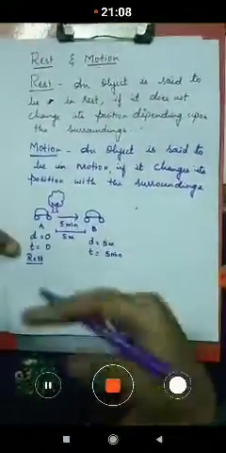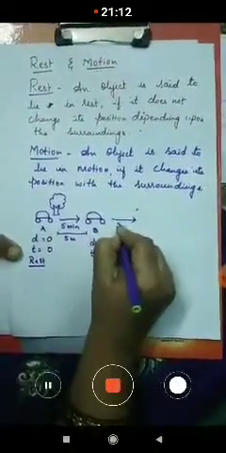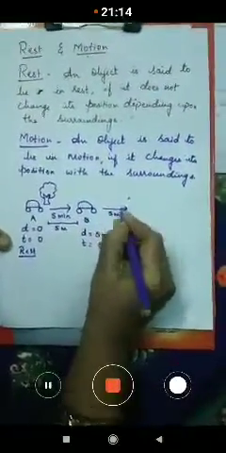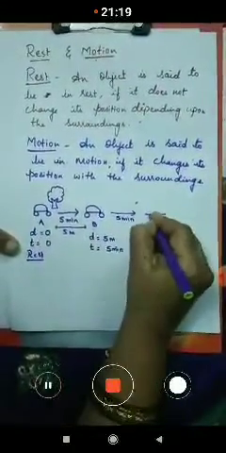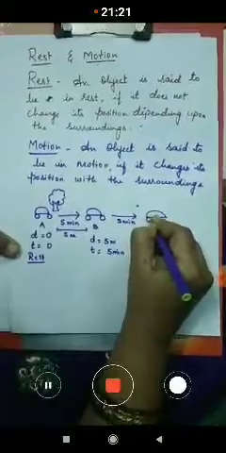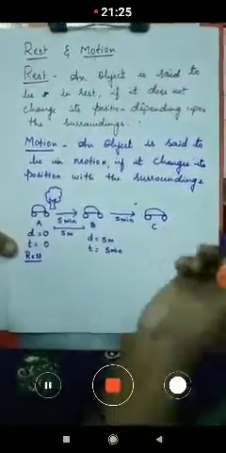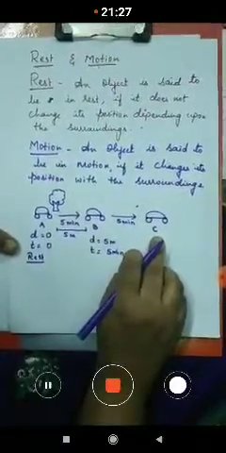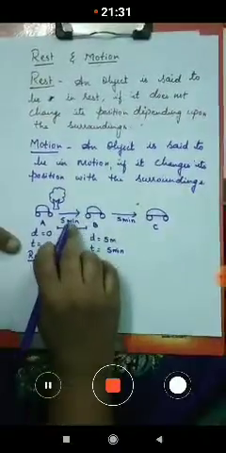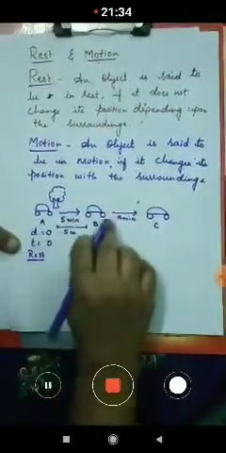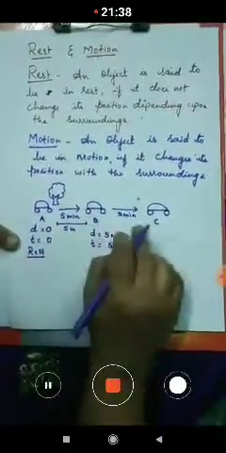Now, after 5 minutes, again the car moves from position B to position C. Suppose you think the position C. Here the time is the same, 5 minutes. Here it has travelled 5 meters.